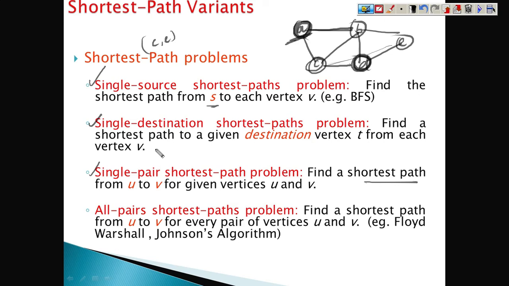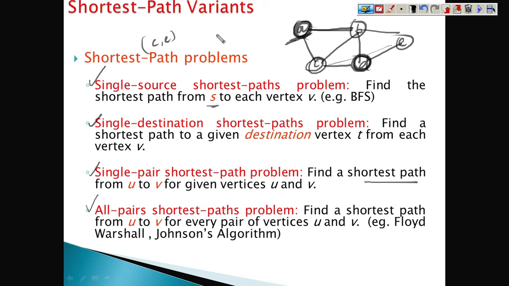Then we have another kind of problem called the all pair shortest path problem. In this, we find the shortest path from U to V for every pair of vertices. In the single pair shortest path problem, we have a defined pair, and we are only interested in finding the shortest path between this pair. But in the all pair shortest path problem, our interest is to know the minimum distance between every possible pair in the graph.